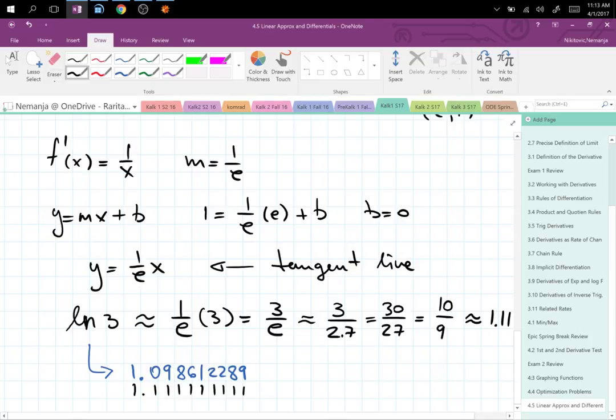So if you round this to 2 decimals, let's say money, we are again 1 cent off, because it will round to 1 and 10 cents. So you see how close these things are. And you can literally compute anything with this. You just need to find that close value that you can compute by hand.